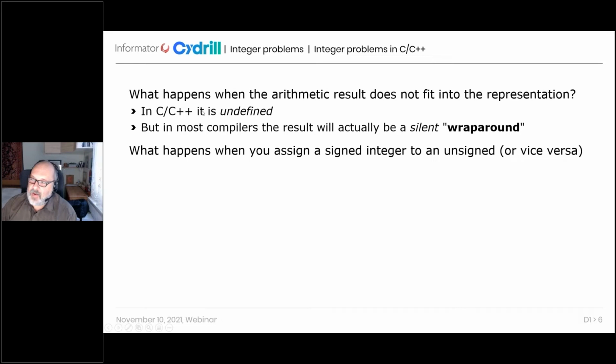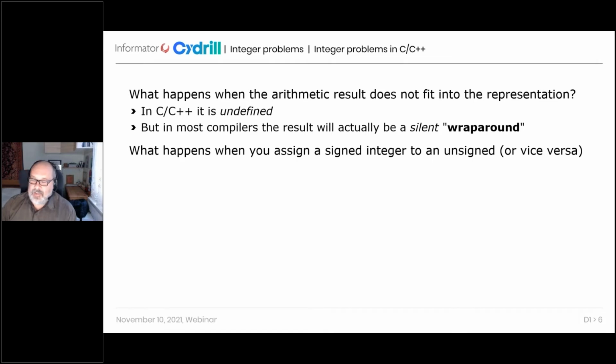Basically the wraparound is not guaranteed by the language, meaning that you should not count on any value here. It can be anything.